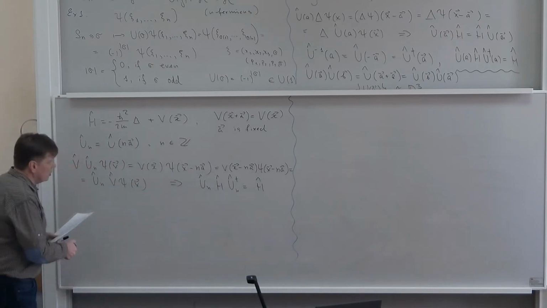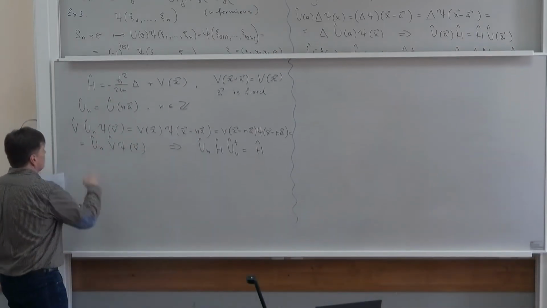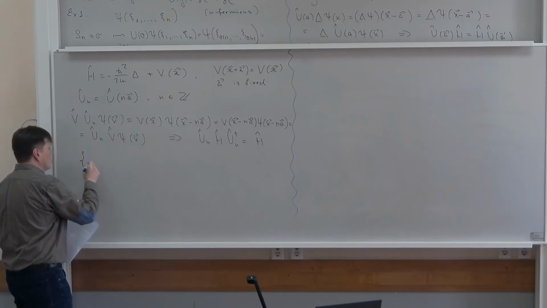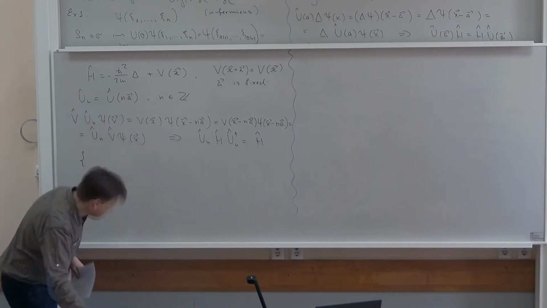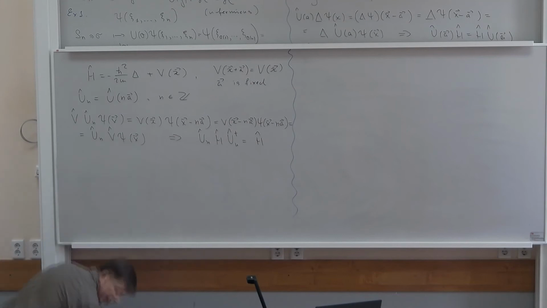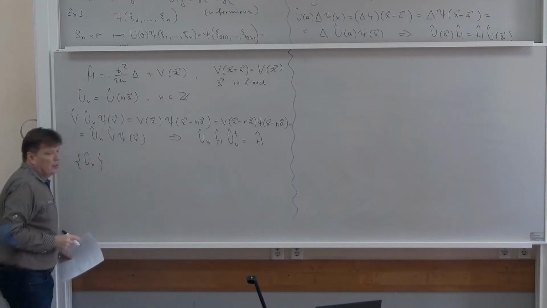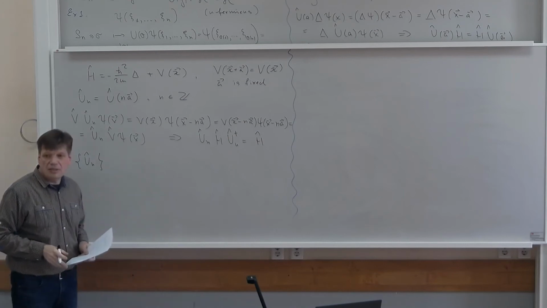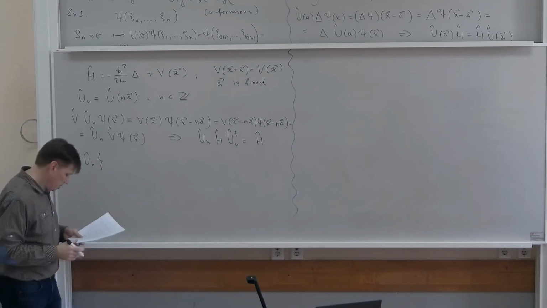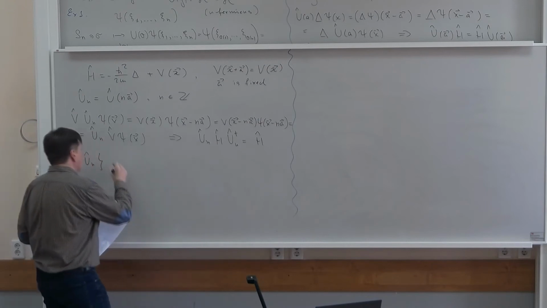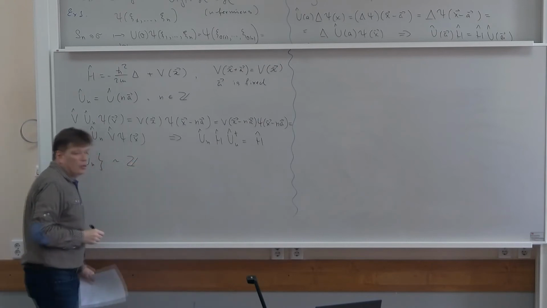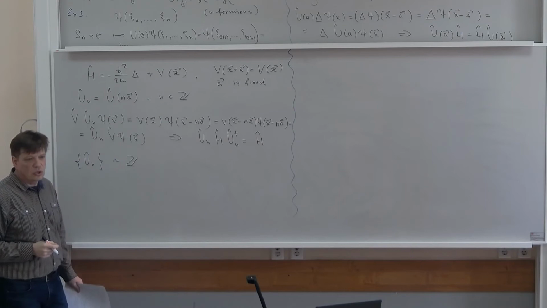And it is quite clear that taking together these operators, U_n, they form an infinite cyclic group, which is isomorphic to the additive group of integer numbers.